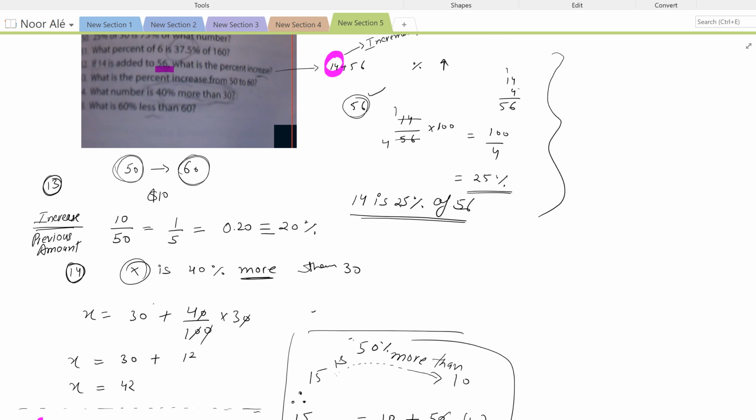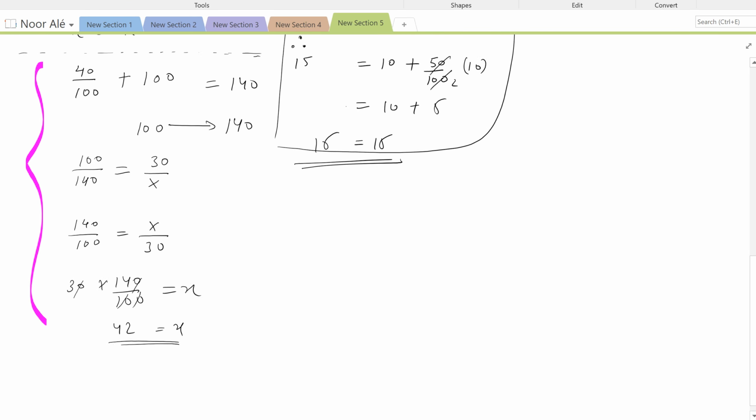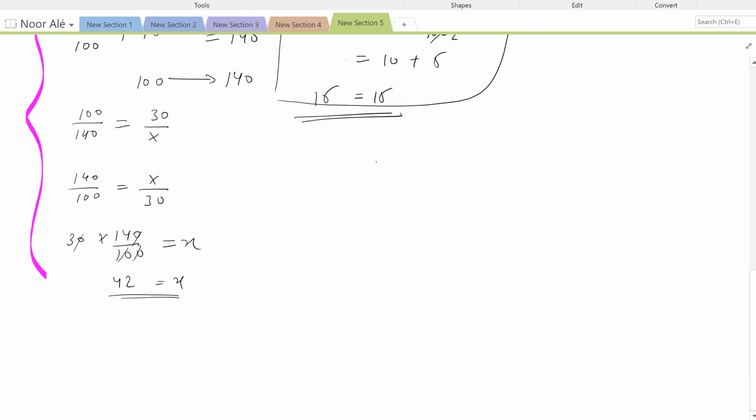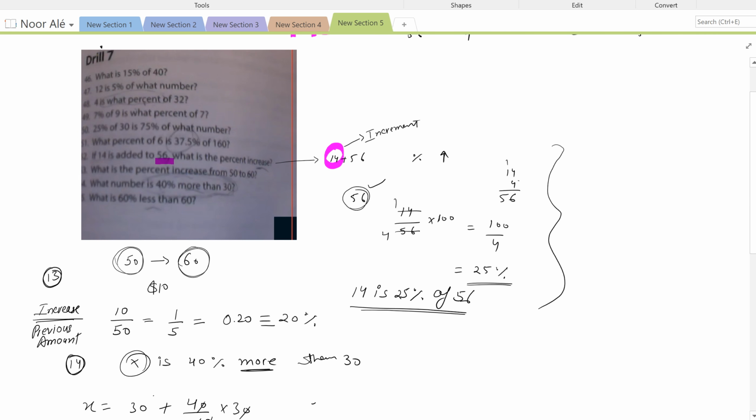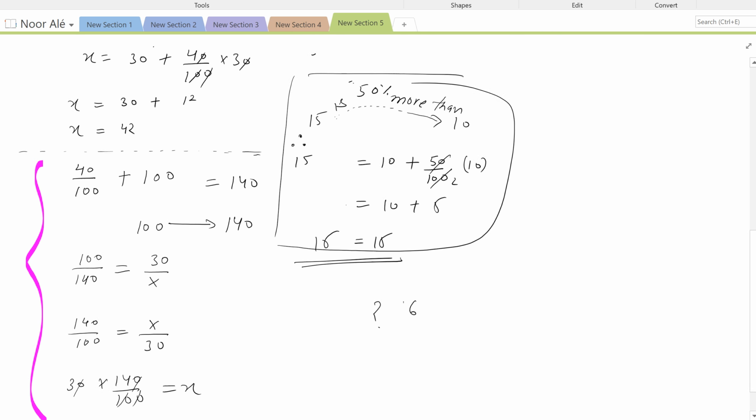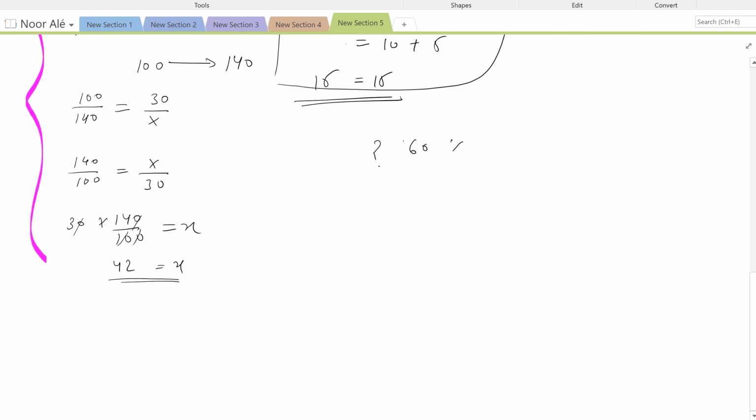That is number 15, right? Yes, yes. 60% less than 60, right? What is 60% less than 60?